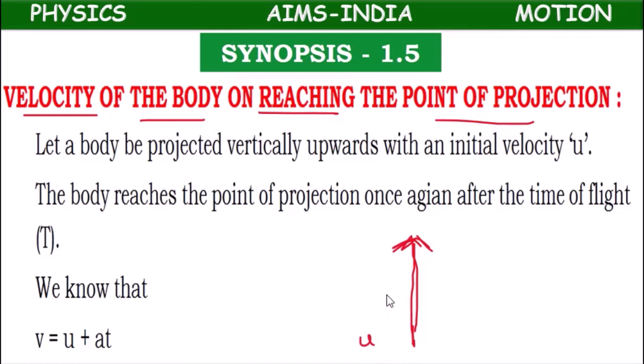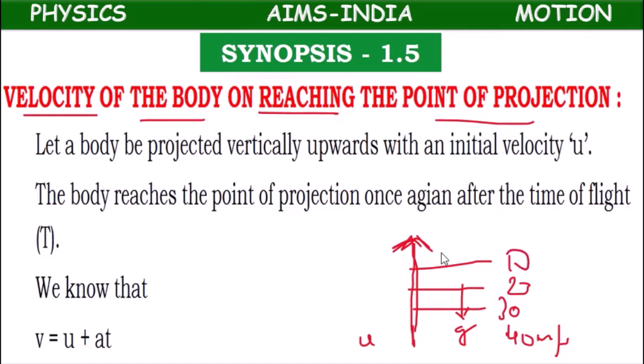Because the body is going up, but the gravitational pull will pull it downwards, in the beginning, if the velocity is 40 meters per second, because of gravity the velocity will decrease: 30 meters per second, 20, 10, 0 meters per second.